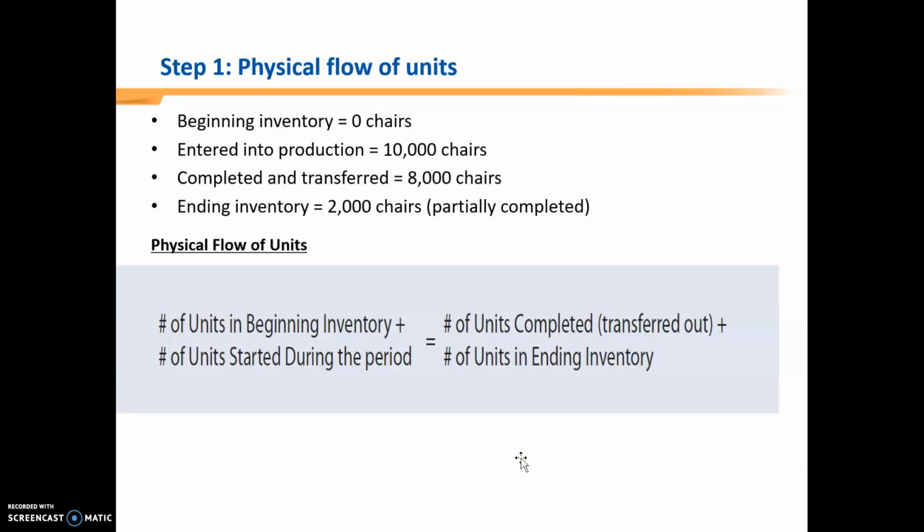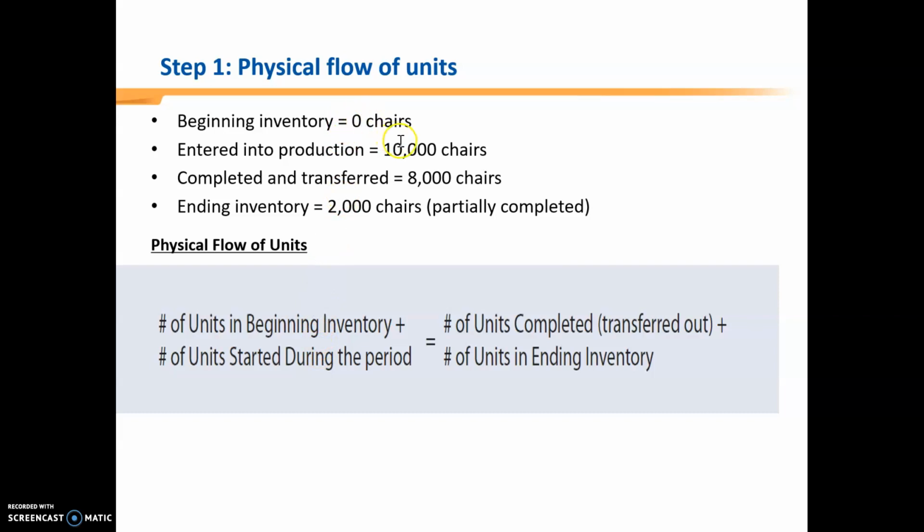So here's an example. We didn't have any in our beginning work in process. We entered 10,000 chairs into production. We completed and transferred 8,000 chairs, and then we have 2,000 chairs that are ending work in process. So the units in beginning inventory plus the units started during the period, that's the units to account for.